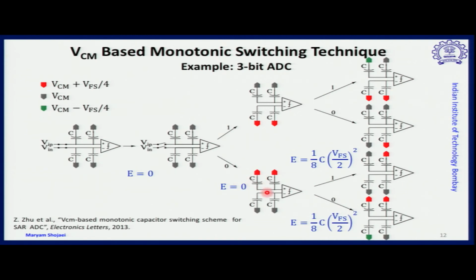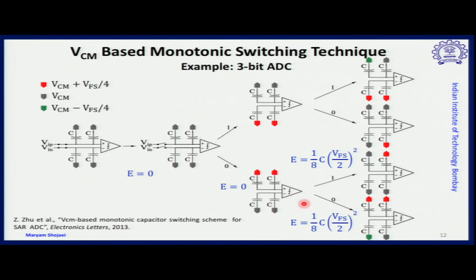However, we will not have any energy consumed, because switching has happened for all capacitors, therefore there is no charge distribution, and the consumed switching energy is 0. In other words, no energy is drawn from the voltage references. So it's very energy efficient and relatively area efficient as well compared to other techniques we have reviewed till now.